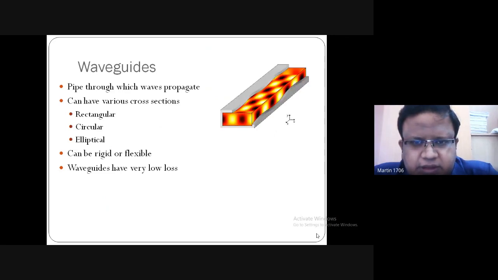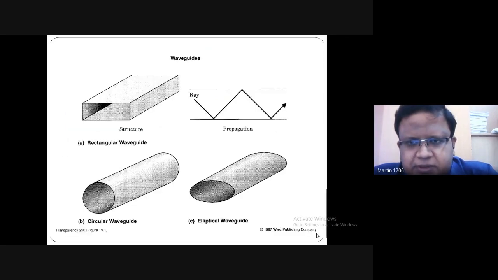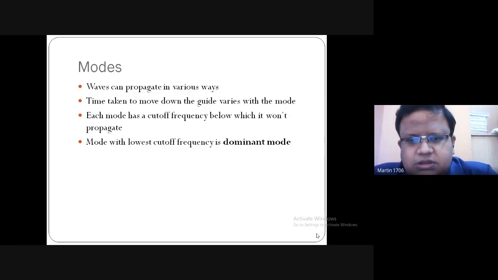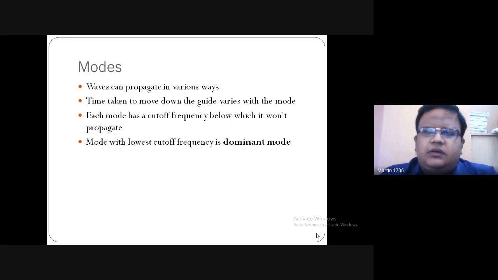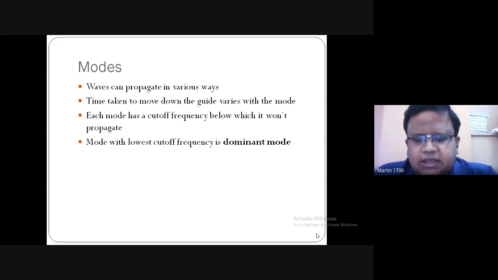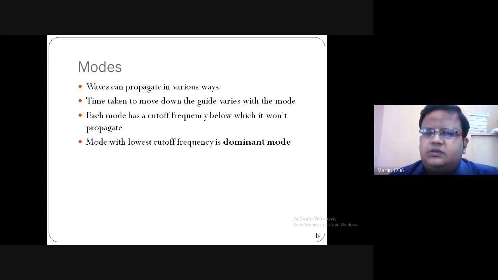We have studied waveguides and seen different types of waveguides with respect to their modes, and which mode is called the dominant mode: the mode with the lower cutoff frequency. We already discussed the difference between lower and higher cutoff frequency. We require both components; in a general communication system, both lower and higher cutoff frequencies are required.